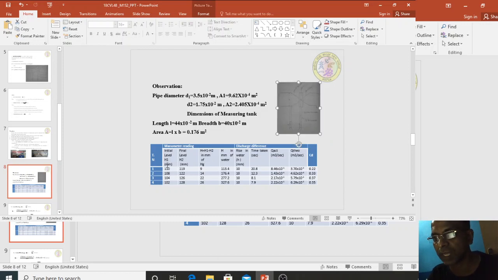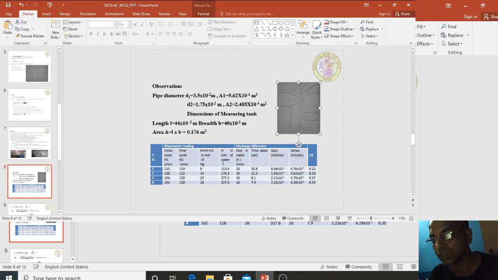So the initial manometer reading H1 is 110 mm, and the final manometer reading is 119 mm. So the difference is 119 minus 110, it is 9 mm.